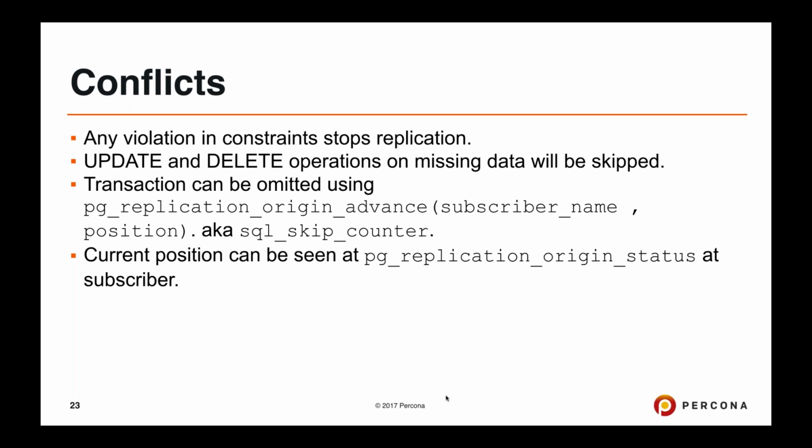But you can fix this manually. If you remove the row from the slave, Postgres will automatically retry constantly to replicate. So if you just remove the conflict, the replication will flow again. You don't need to stop, start, or do anything else.